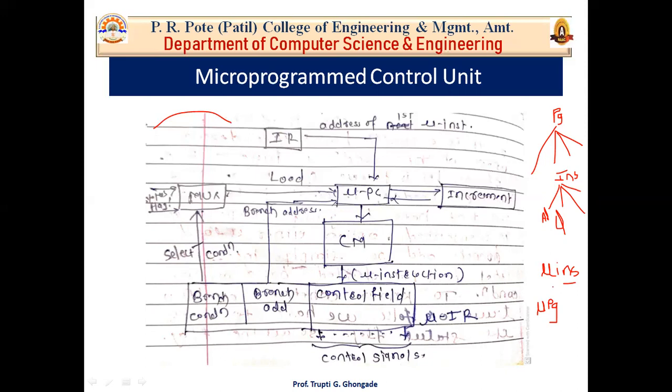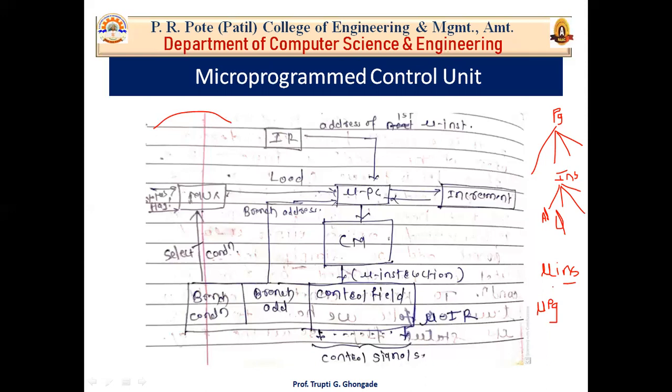To perform these you need to produce control signals, and to produce these control signals there is a set of micro instructions. Every instruction has a micro program. So a program has instructions, and each instruction has a micro program, which has micro instructions: a layer inside a layer.